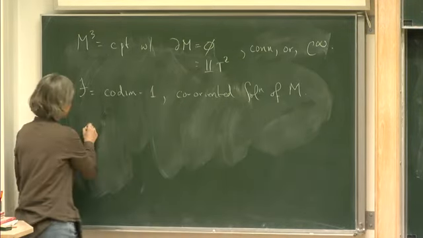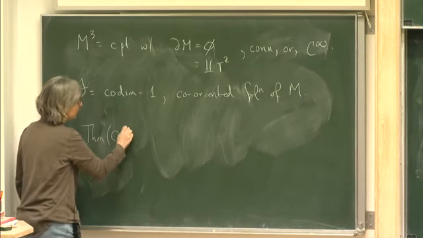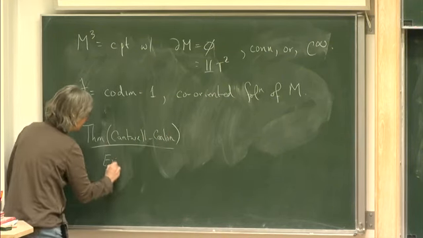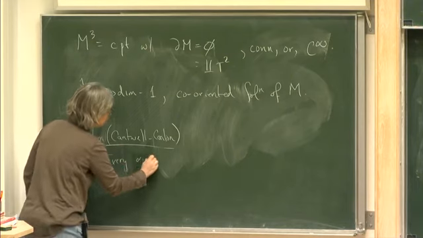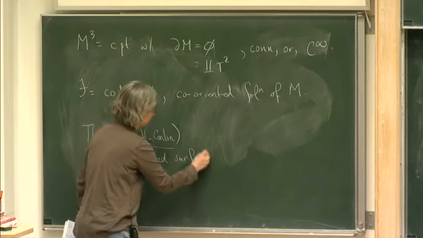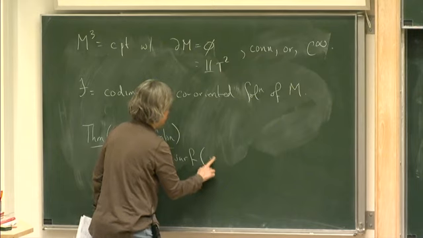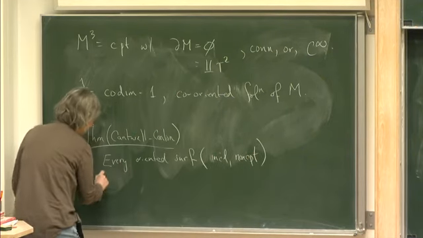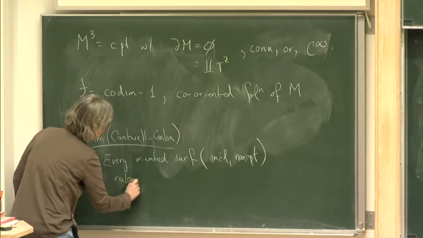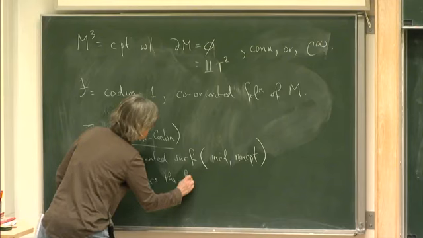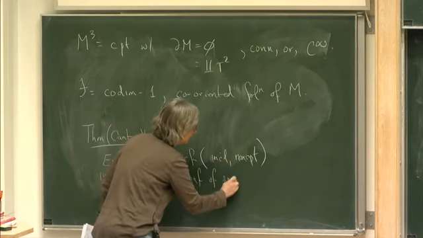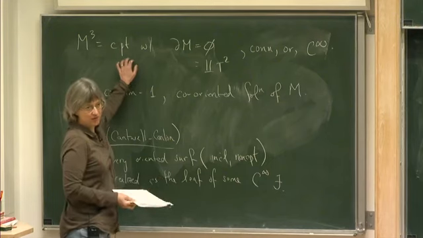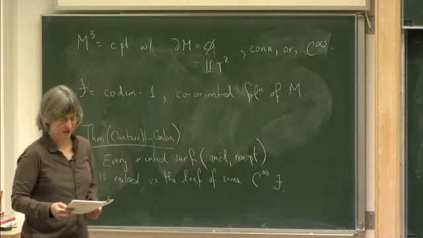And we ended last time with this theorem due to Cantwell and Conlon, which told us that every oriented surface, so including non-compact, is realized as the leaf of some C infinity F. So here highlighting the fact that we're thinking about compact manifolds, or again it would be kind of boring.